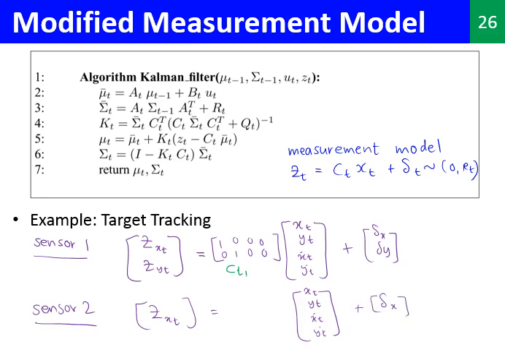So in this case, the C matrix would be just 1 0 0 0. Let me call it as C2 transpose. Okay.